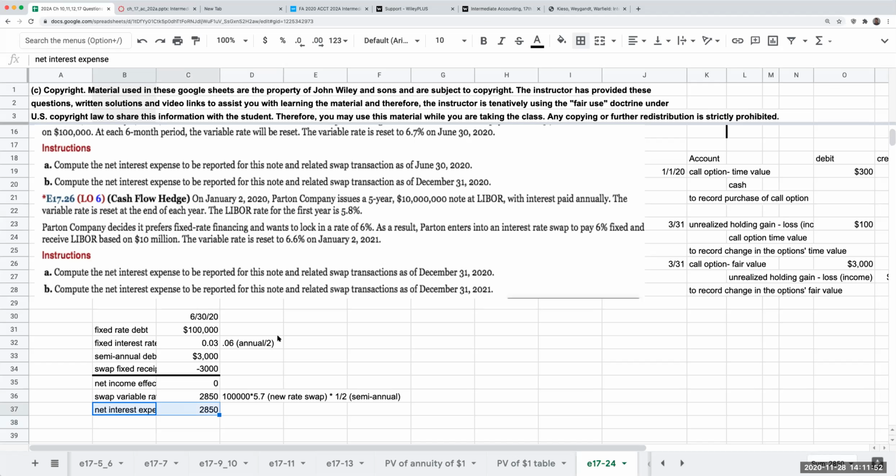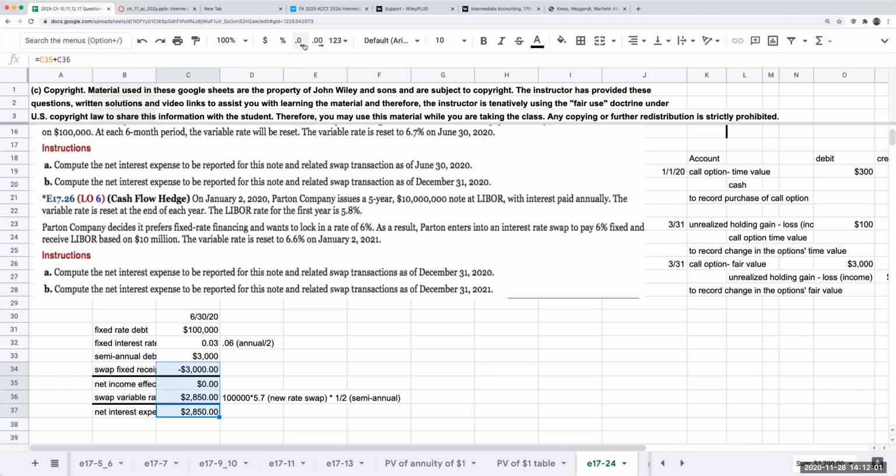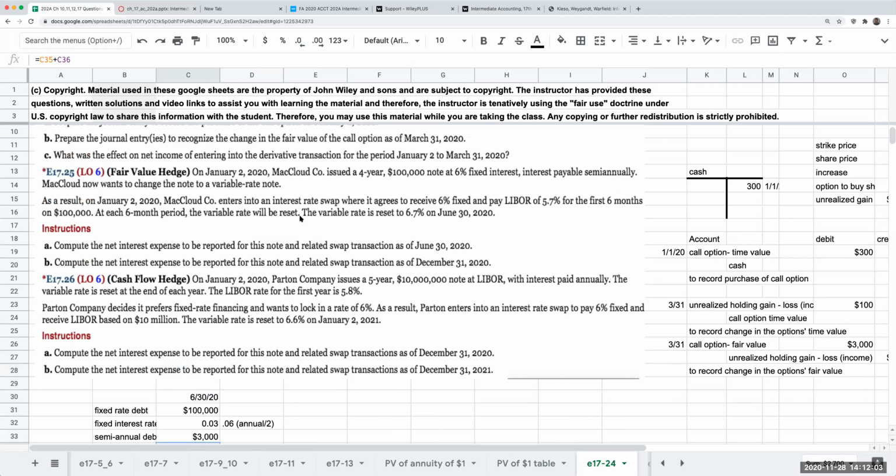So that's my new interest expense because I've gone through and I swapped out my interest rate. I got someone to say, okay, we'll guarantee you the 6%. And basically as a result, through an interest rate swap, they're now going to agree to pay just 5.7%, and somebody else is going to be responsible for that.